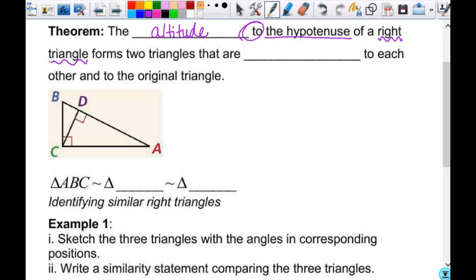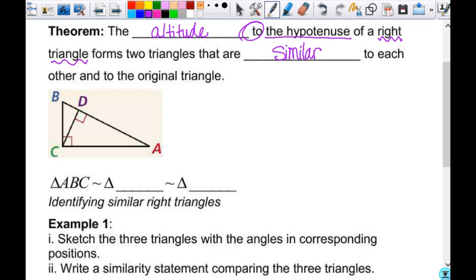Okay, overall, how many triangles do I have in this picture? 3. So I start with this big original one. When I draw in this altitude, it creates 2 more. And then these 2 little ones are similar. Well, the things are proportional, but they are similar to each other and to the original triangle. So you end up with 3 triangles that are all similar to each other. And then all these other things start to happen.